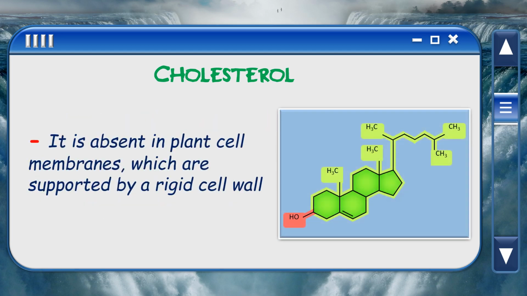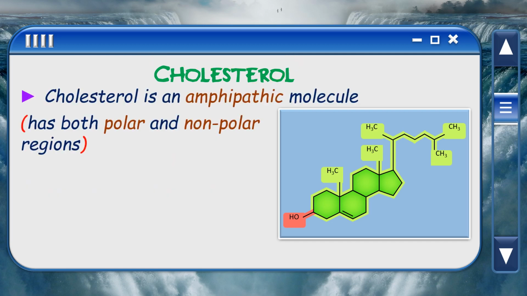Cholesterol is absent in plant cell membranes, which are supported by a rigid cell wall. Cholesterol is an amphipathic molecule, that is, it has both polar and non-polar regions.